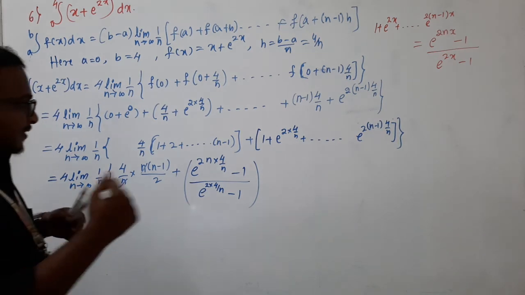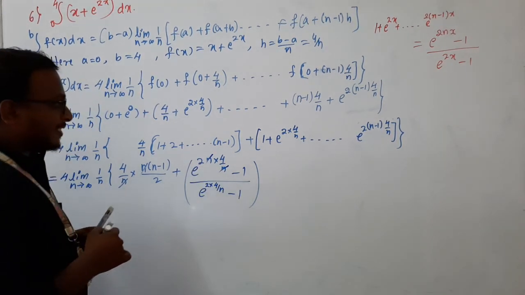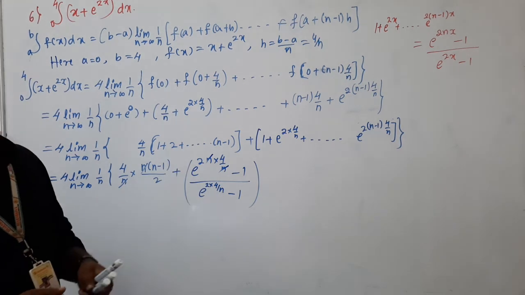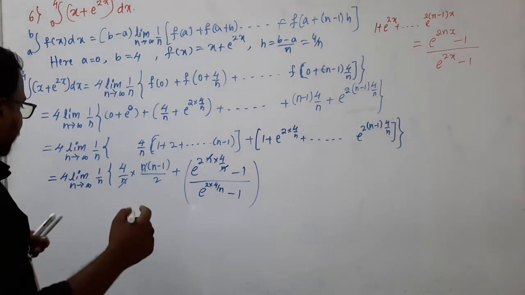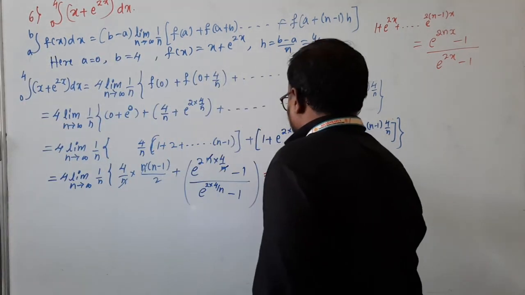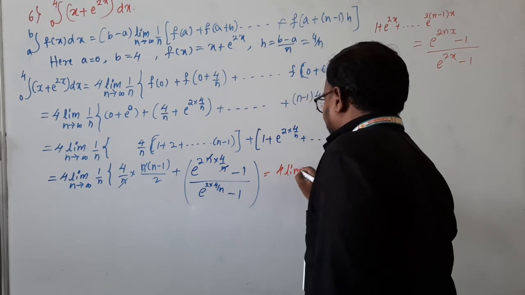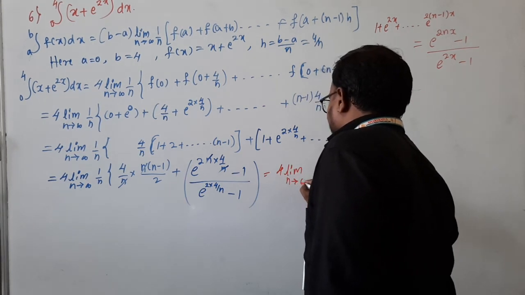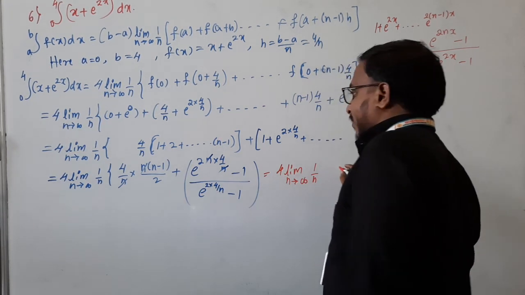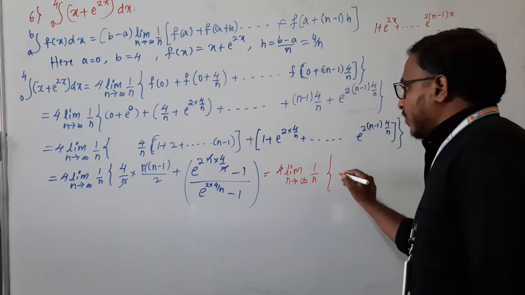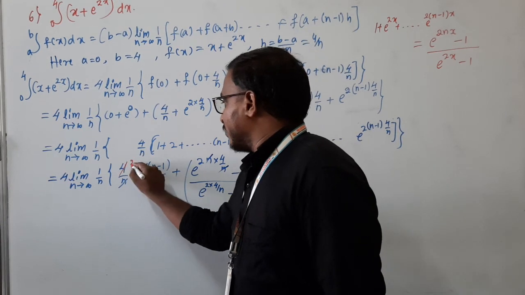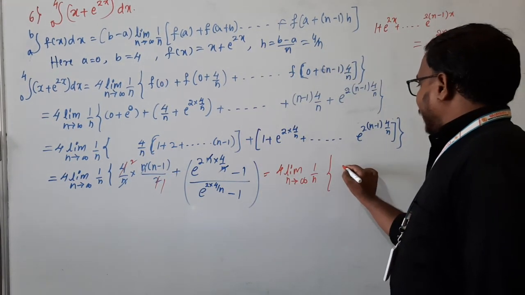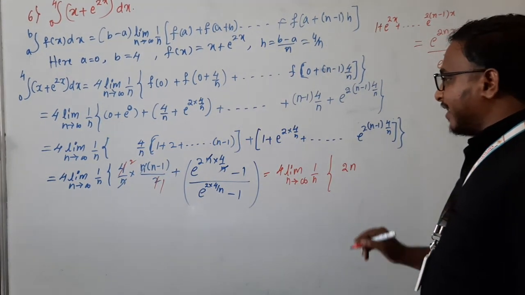Now, this and this get cancelled. 2 4s are 8. Now, this is equal to 4 into limit n tends to infinity 1 by n into, these 2s are, I am taking 2n as a common.